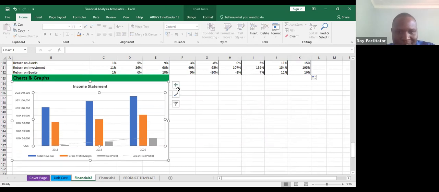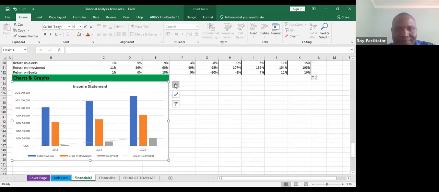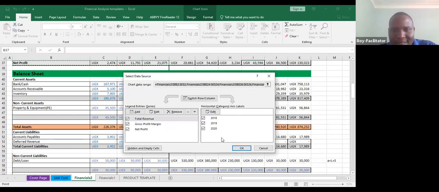I can go and, how do they do it? They right click. I think I'm supposed to do some right clicking. Yeah, I can. Let me see. If I change, what do you do? It's not format. Let me just see, because you can extend even this once you're done. Let me extend this and say select data, and I select.